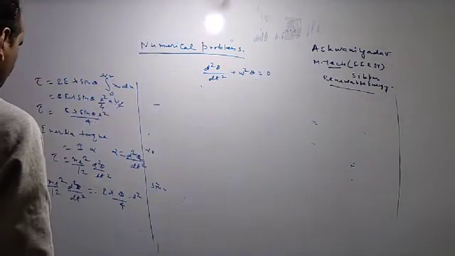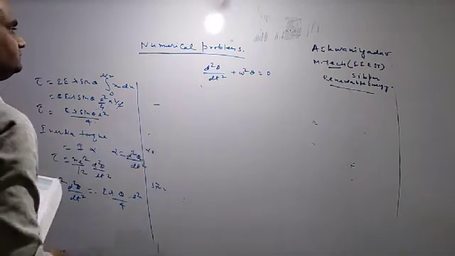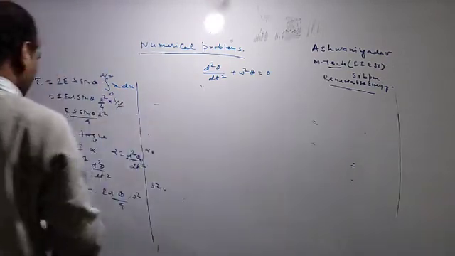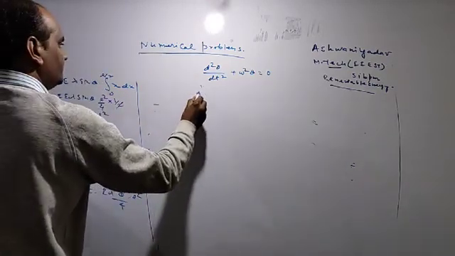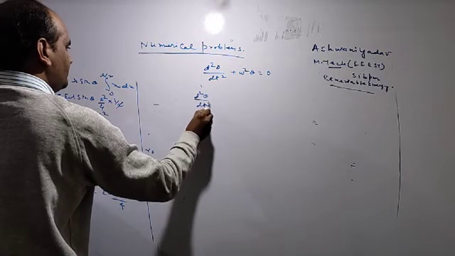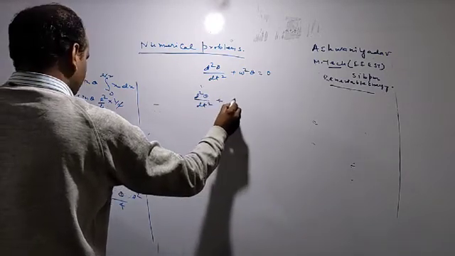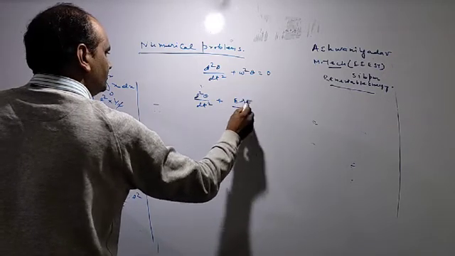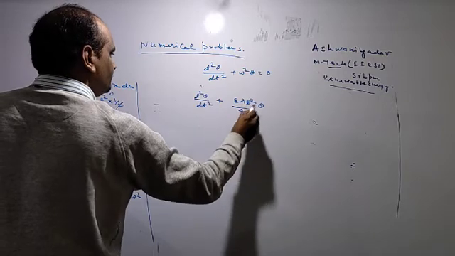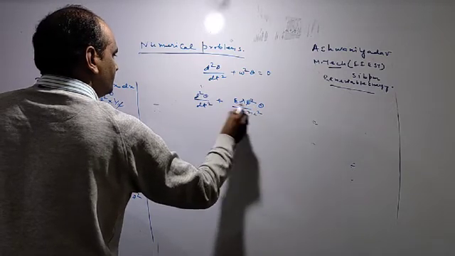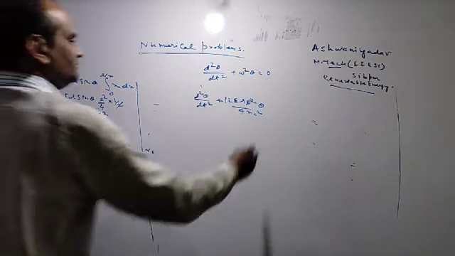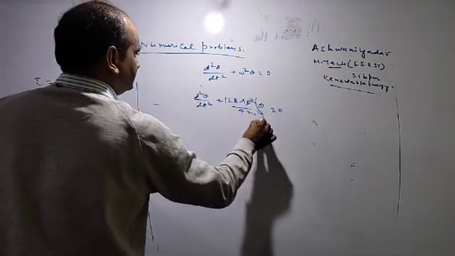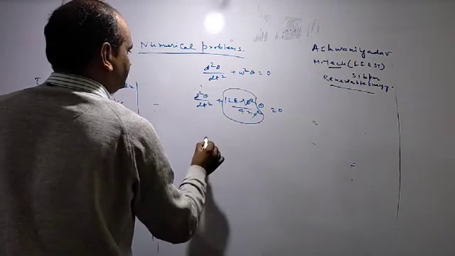Okay, so you can compare with this equation. We have d2 theta by dt square plus E lambda L square by 4 theta by ml square by 12 equal to 0. And this L square is going to be cancelled.